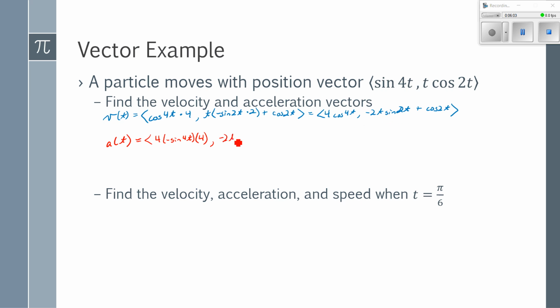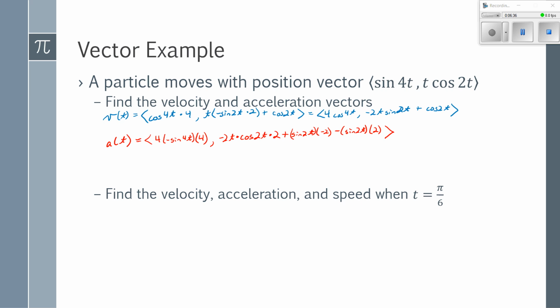So I have first times the derivative of the second times the derivative of 2t because of the chain rule, plus sine of 2t times the derivative of negative 2t. And then I have to finish the rest of my derivative there. So derivative of plus cosine 2t is going to be minus sine of 2t times the derivative of the 2t.